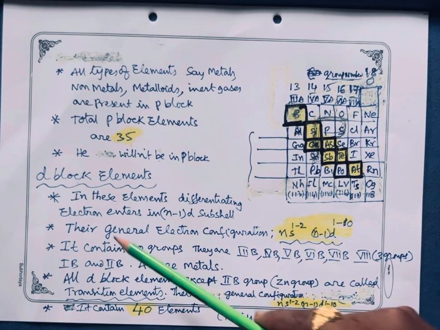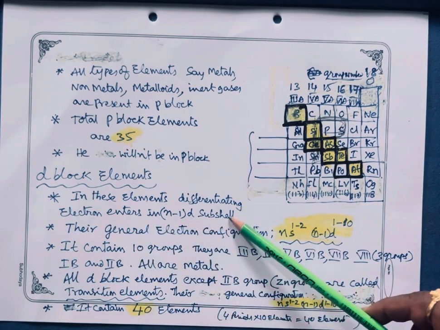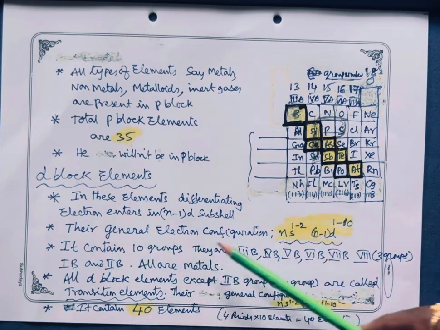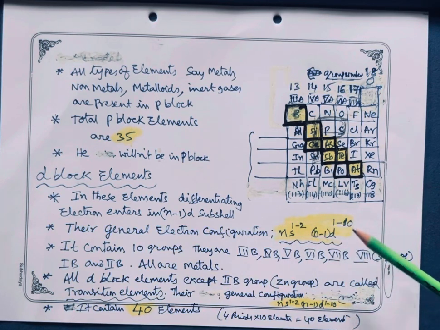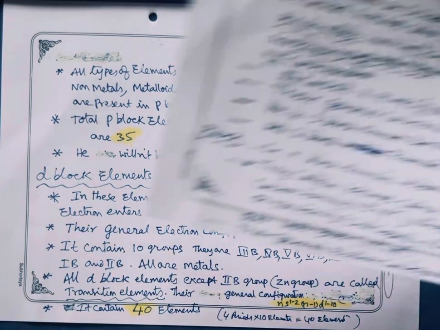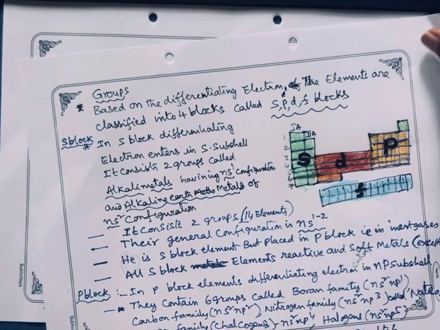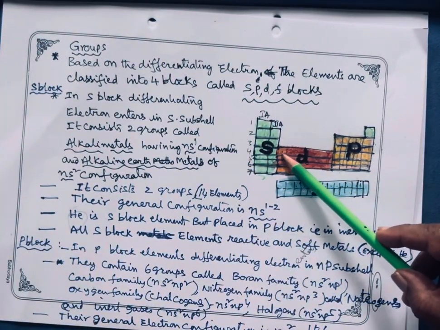D block elements. In these elements, the differentiating electron enters the n-1 d subshell. Their general electron configuration is ns1 to 2, n-1 d1 to 10. For example, in the long form of the periodic table, in the fourth period, 4s1, 4s2, next comes the element scandium 3d1, not 4d1.